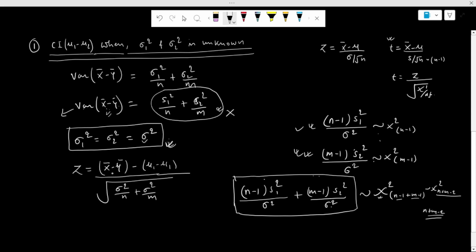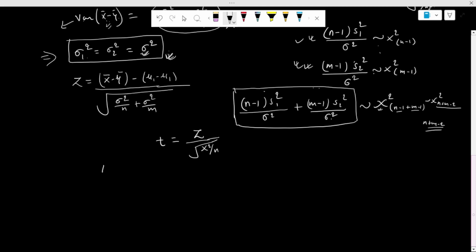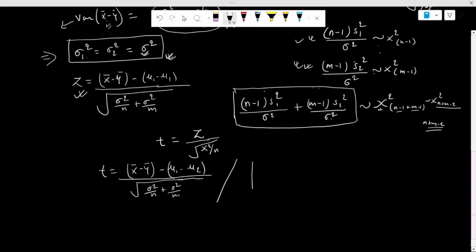Now we can construct the t-score for this. The t-score is equal to the standard normal variable, that is the z-score, divided by the square root of chi-square divided by its degrees of freedom. Now let us calculate the t-score for this condition. Therefore, t is equal to this z-score divided by the square root of chi-square.